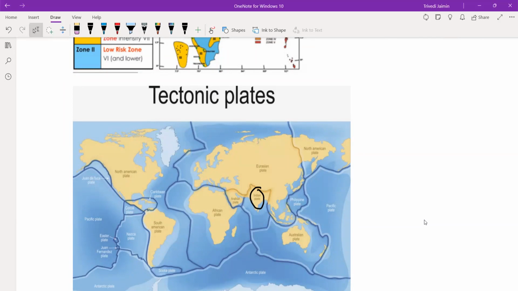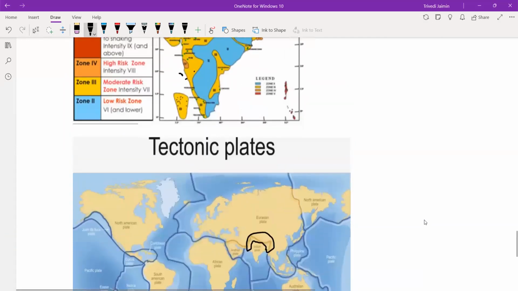Yeah, a part of a tectonic plate, almost. So how is it that the high risk zones are not on the border? See, they are on the border. Sir, in the above map, it's like spots, right? Only a couple of spots.